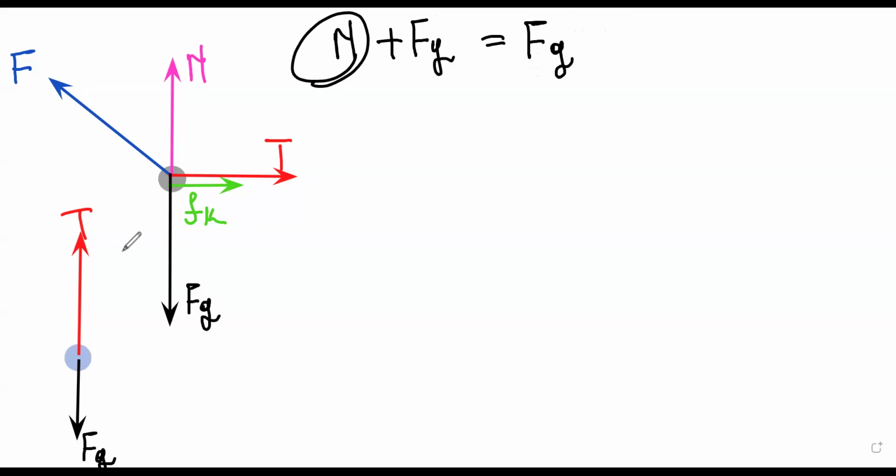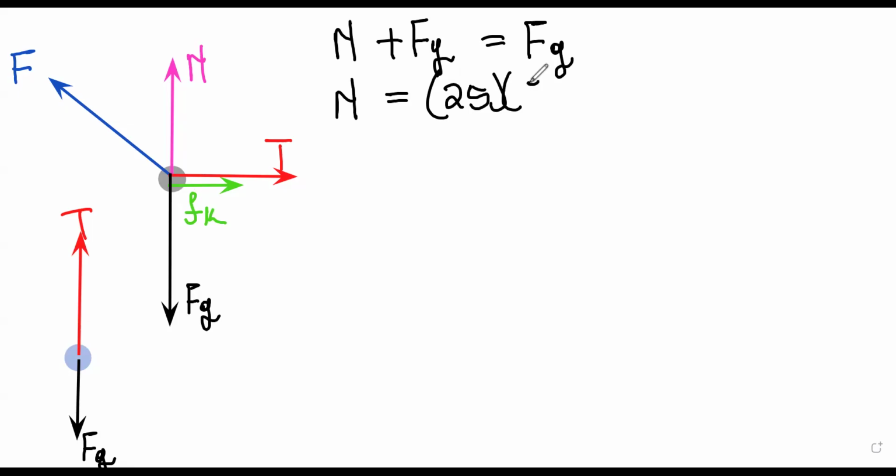And now we come and say, but we want to find this normal force. And we can take this one to the other side and say, gravity is calculated by mass times the gravitational acceleration.